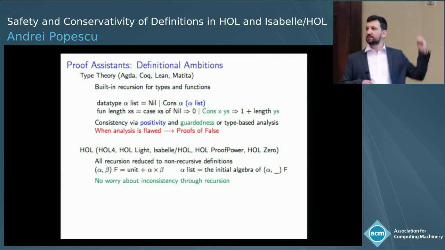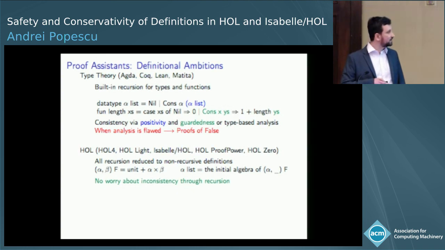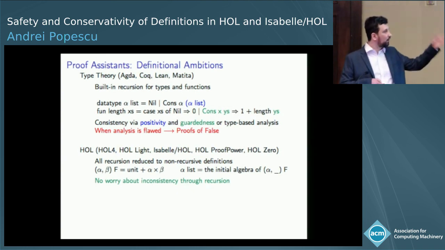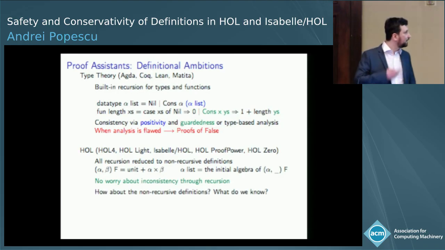All recursion is compiled away. So it is reduced to non-recursive definitions. And for instance, the data type of lists is constructed as an initial algebra of a functor and so on. So we don't worry about consistency through recursion.